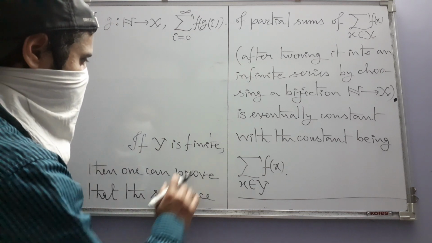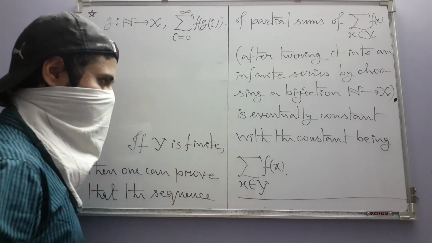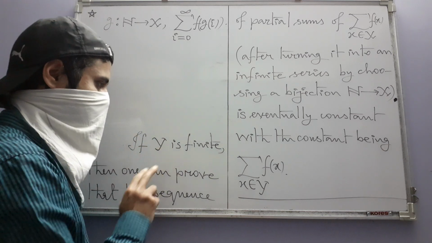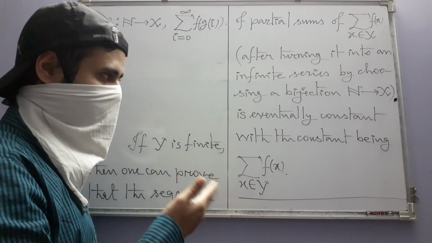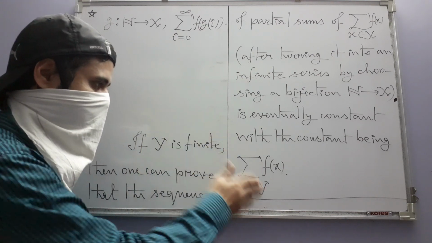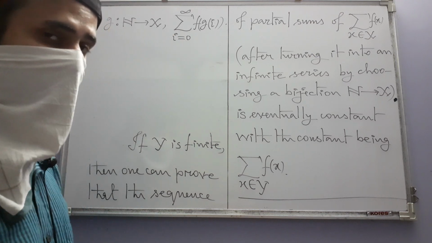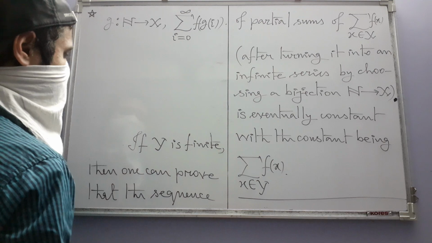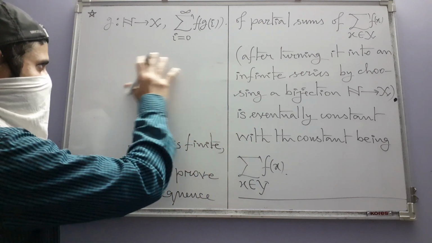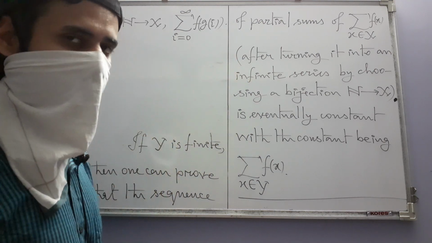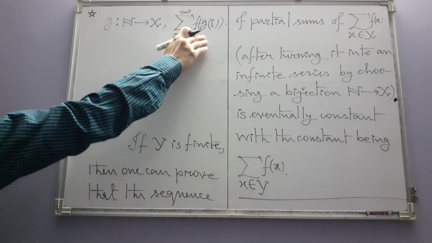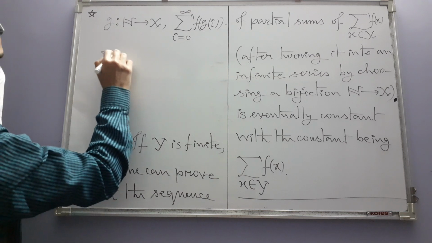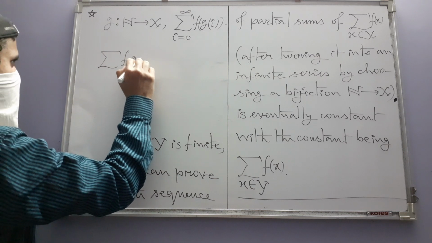So now you think of y. y is finite. And what is y? y is the set of those points in x at which f does not vanish. f vanishes everywhere else. So what type of sequence of partial sums can we expect from this situation? And what would be the sequence of partial sums of this? Its general term looks like this.